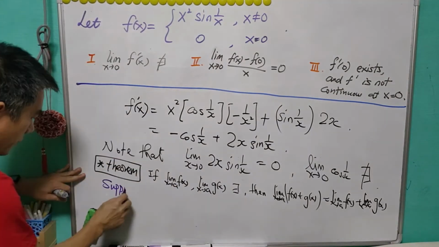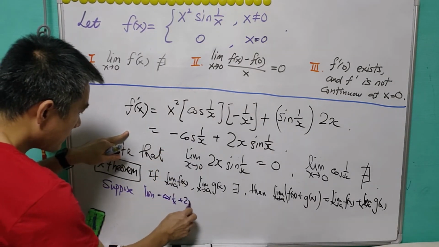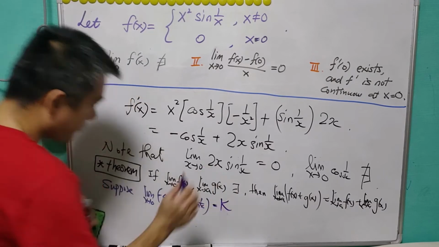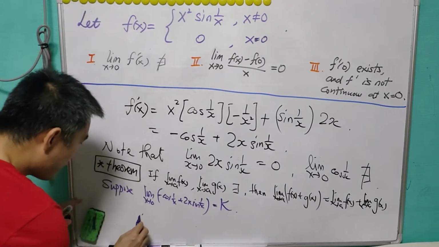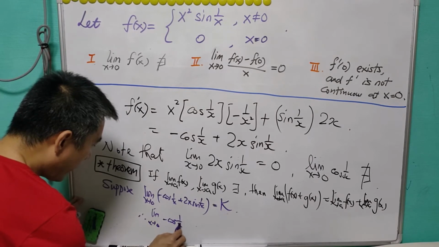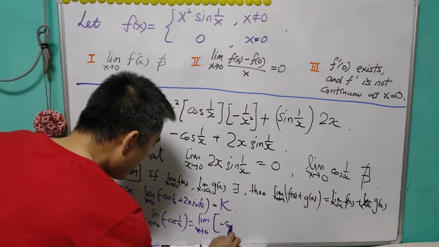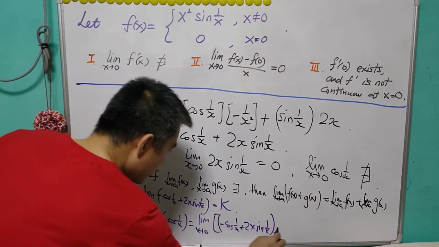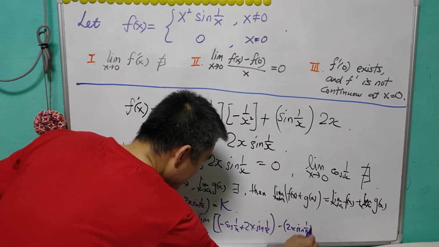With this theorem itself, we suppose that the limit of negative cosine 1 over x plus 2x sine 1 over x exists. We can say that this is equal to some value k. Then we already know that the limit of 2x sine 1 over x also exists, and therefore negative cosine 1 over x can be written as negative cosine 1 over x plus 2x sine 1 over x minus 2x sine 1 over x.